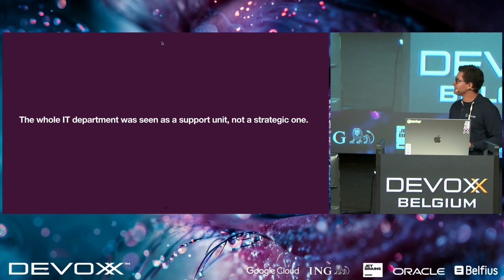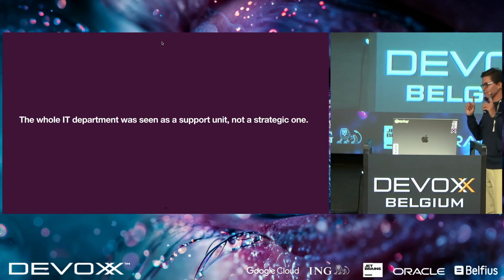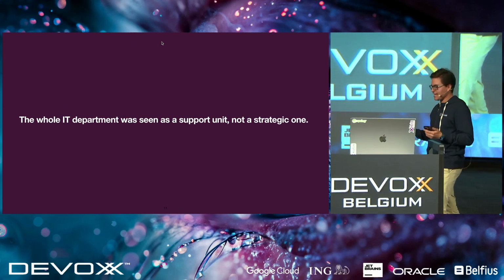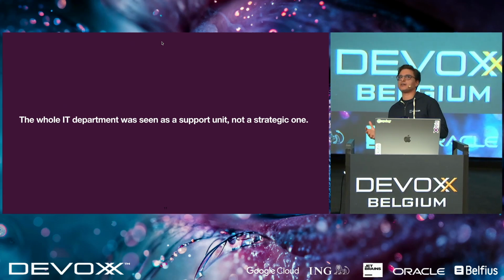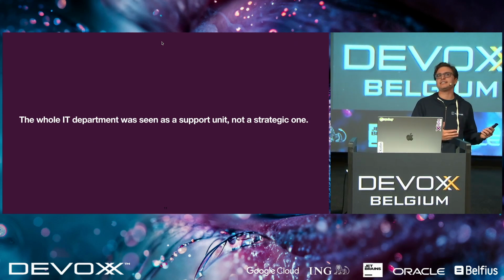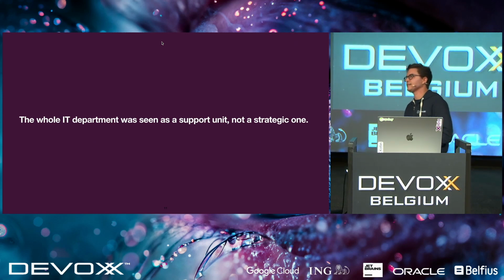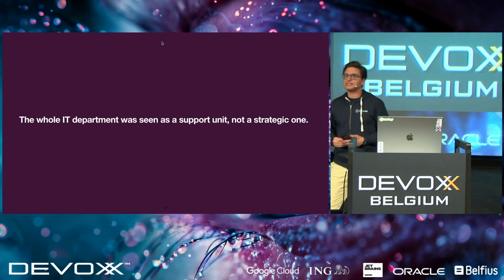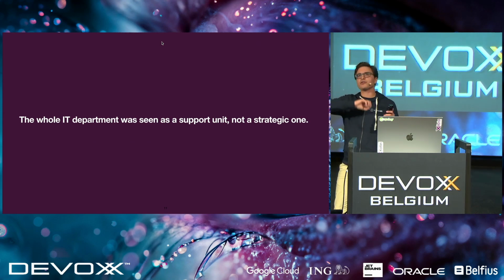But nowadays, the IT departments of companies are not seen as a support department anymore. It's seen as a strategic department within the companies. And that's because nowadays technology has become part of the core of organizations.